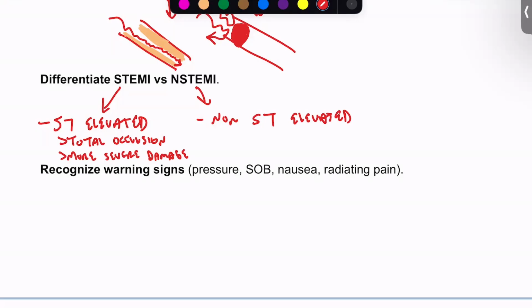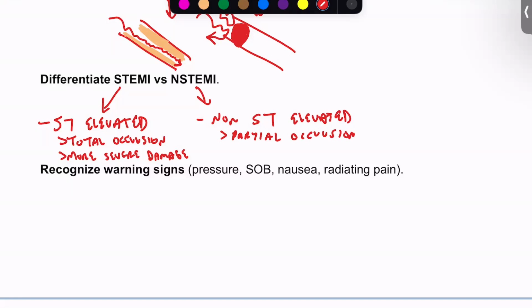And what you'll actually see on an EKG is that ST segment elevation. Versus our non-ST elevated, so this is usually going to be like a partial thickness infarction, but there is no ST elevation at all. It's usually due to some kind of a partial occlusion.